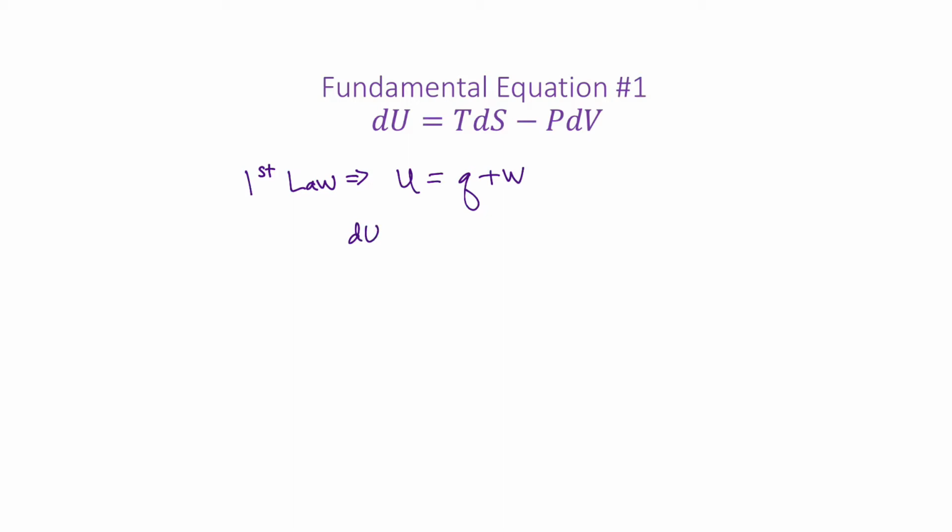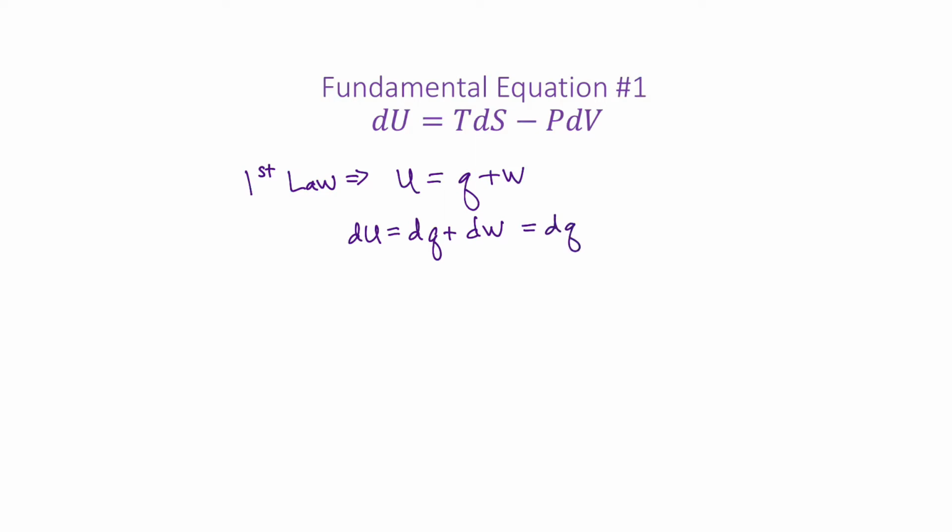If we write that in the differential form, we have dU equals dq plus dw. And then hopefully you recall that we can rewrite dw in terms of our PV work.